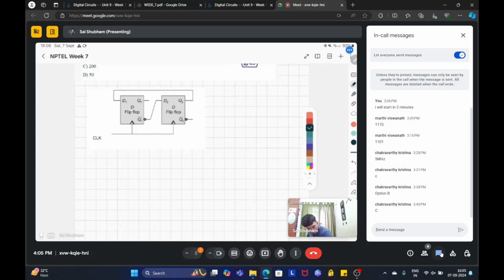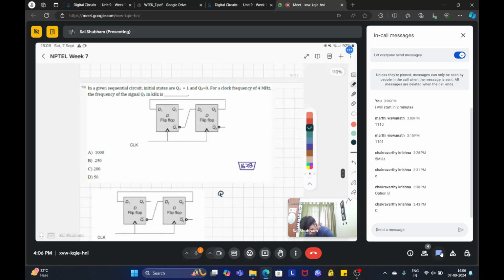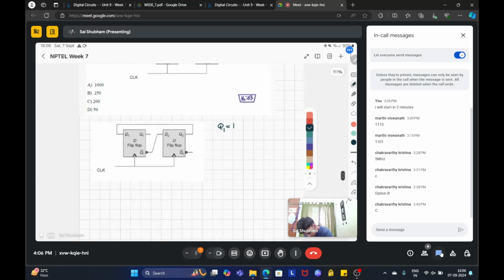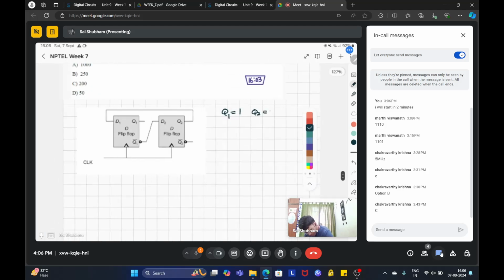So if you see, Q1 equal to 1 and Q2 equal to 0. Q1 D1, Q1 bar D2, Q2.